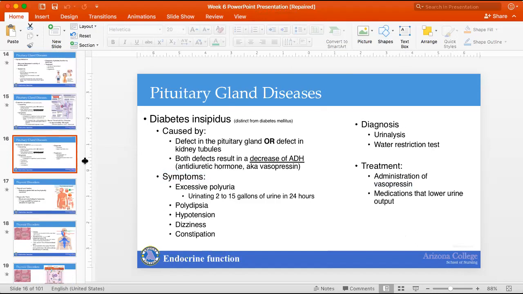So this is not typically a chronic condition. It can be treated effectively through medication, but it has a distinct etiology from diabetes mellitus, which is your body's inability to regulate the sugar in it properly.